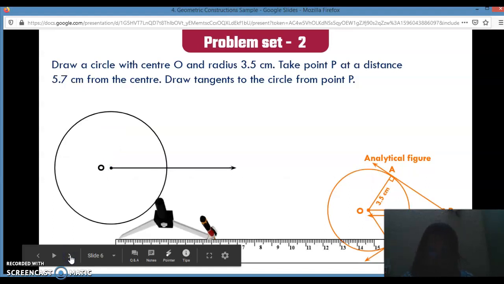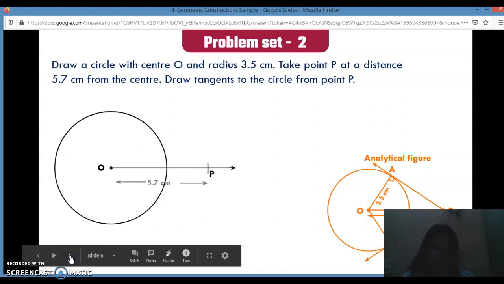Then you will measure 5.7 cm from the scale, and you will keep your compass point at point O, and you will cut an arc and name it as point P. So my distance between OP is 5.7 cm. Now I have my point P outside the circle, and I have to draw a tangent to the circle from point P. So let us have a look at the steps.